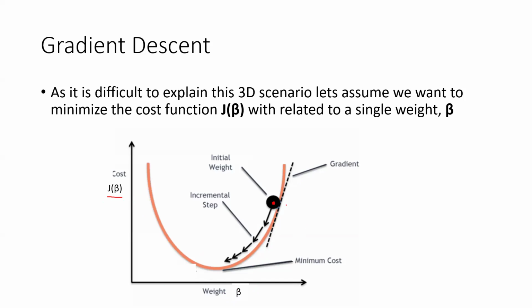Here we draw a line touching this particular curve, and then we find the angle between the x-axis and this line. This is the slope, or the gradient, or the derivative of this curve at this point.